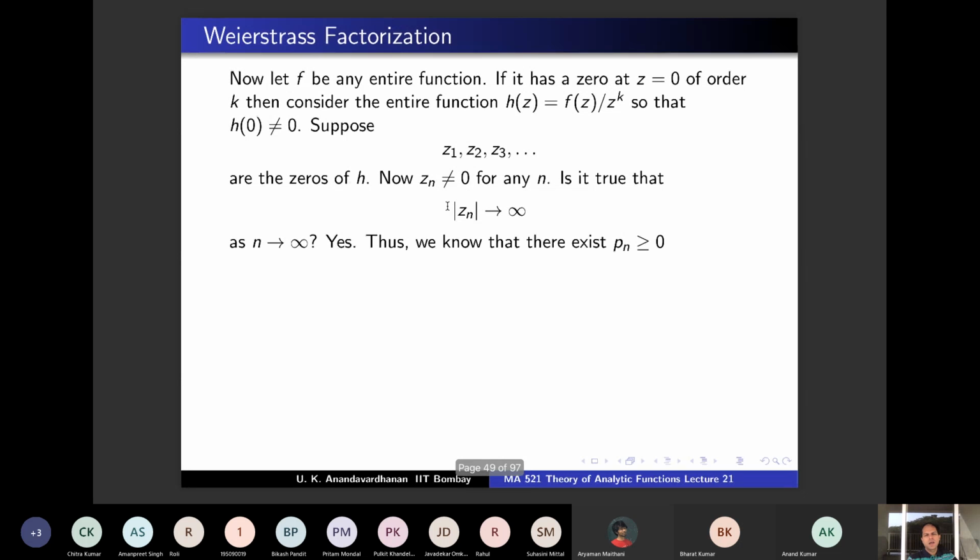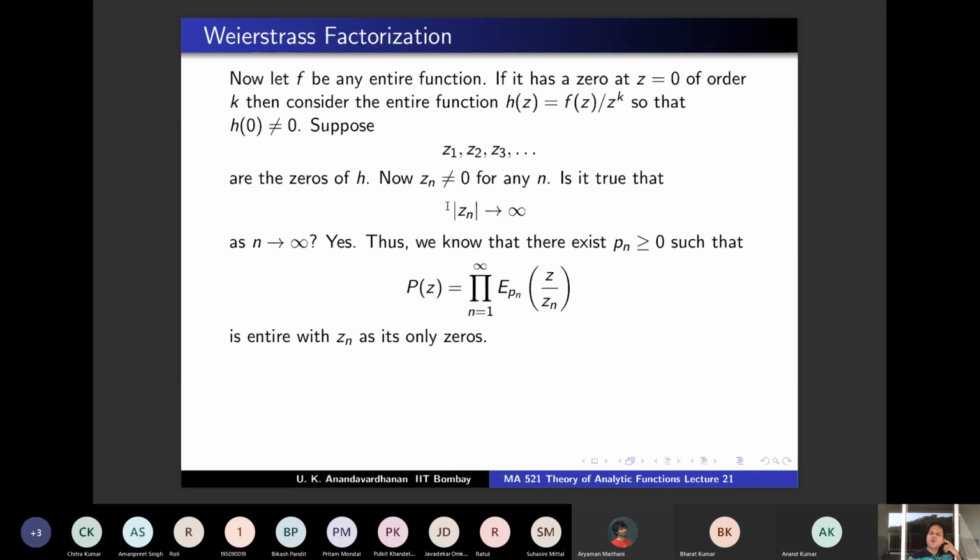So the answer is yes, and therefore you know that there exist p_n such that this product makes sense. This product is entire. This is what we did last time. Once you have a sequence, none of them is 0 and mod z_n goes to infinity, then this makes sense. This is entire with z_n as its only zeros.